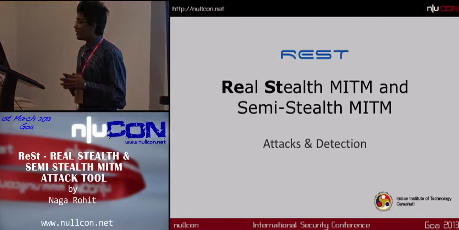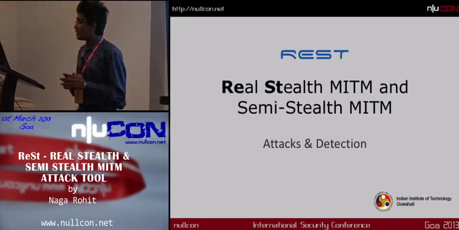According to them, a man-in-the-middle attack is any attack in which a third person tries to hamper a network and degrade its performance in any way. Whereas my definition is that you must be able to intercept the communication. You must be able to know what communication is going on between Alice and Bob. So that's the reason I called it the real stealth man-in-the-middle attack, because I don't consider that a man-in-the-middle attack. So this is the traditional MITM by ARP spoofing, as we all know.